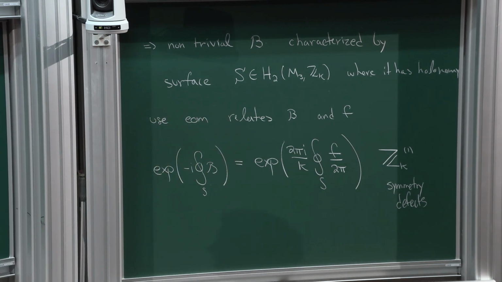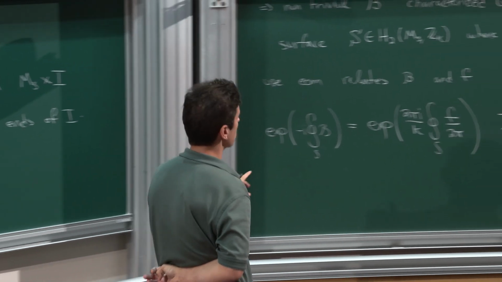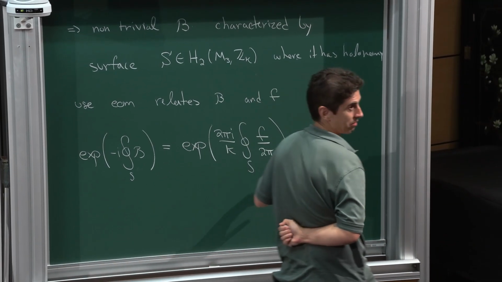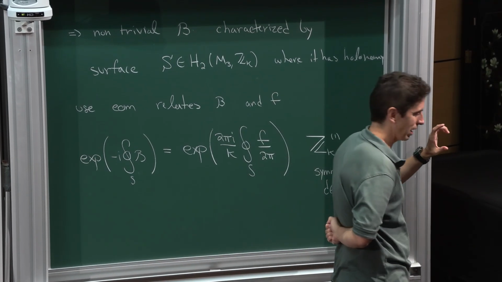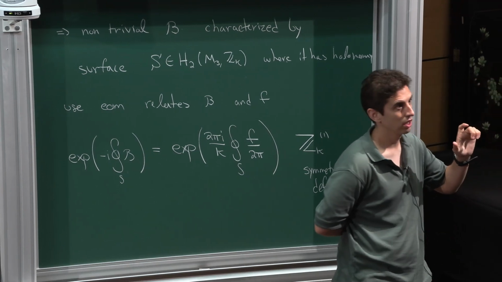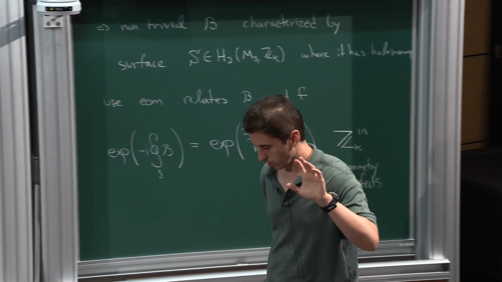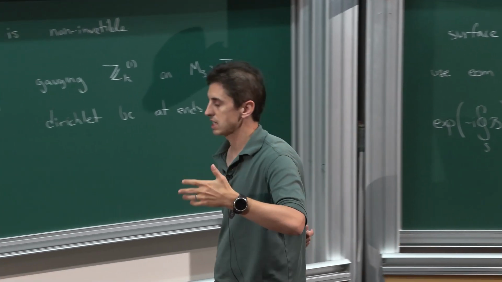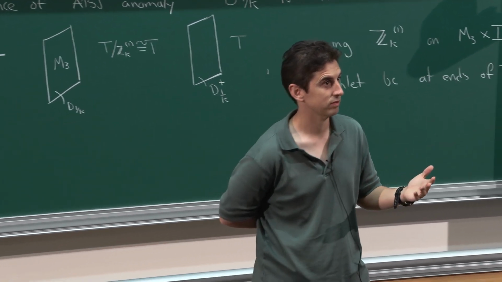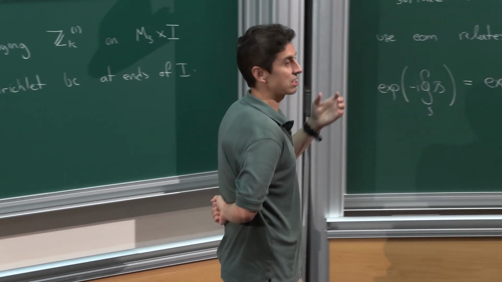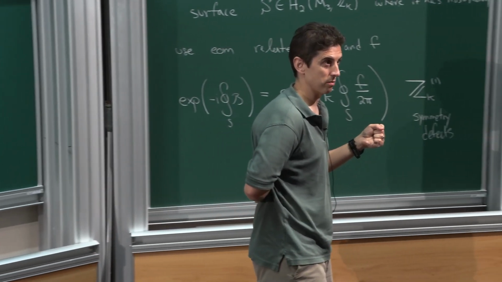But the point is that the one-form symmetry defects do not vanish. And so after I gauge the ZK one-form symmetry, you can ask how is it possible that the theory is self-dual? Don't I reduce the one-form symmetry?